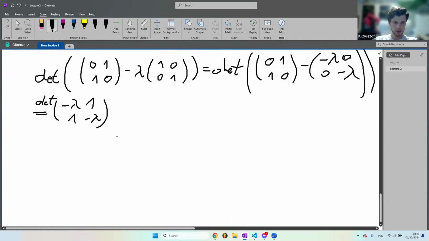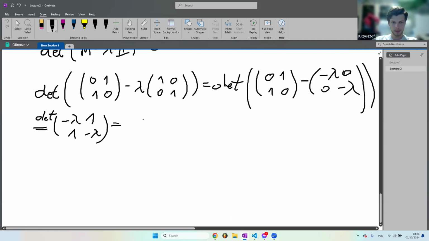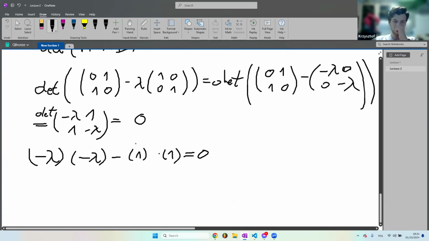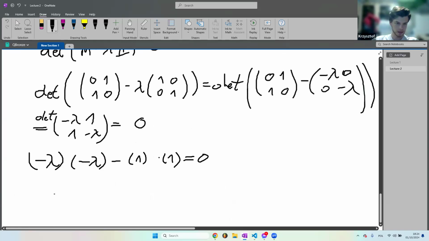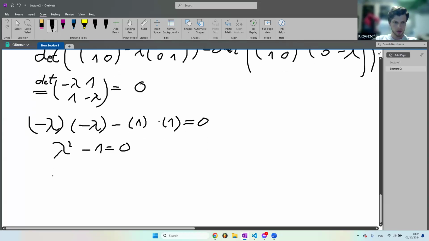Okay, so now back to our problem. This must be equal to 0. So minus lambda times minus lambda minus 1 times 1 must be equal to 0, and there are two values that satisfy this. This is lambda squared minus 1 equals 0.